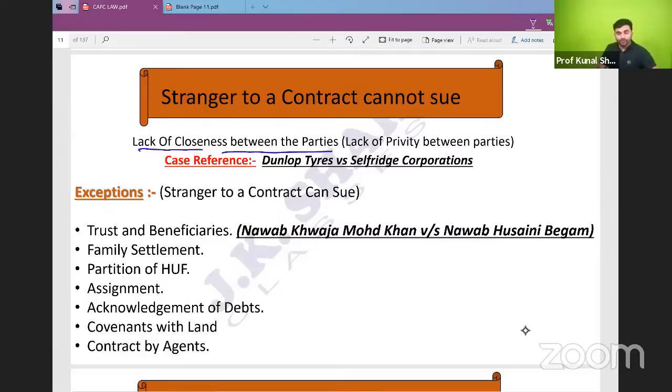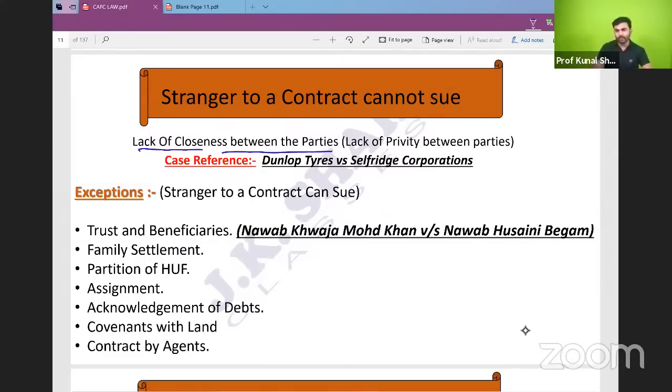Not possible. First of all, there was no contract between Mrs. X and Mr. Y. See, Mr. X and Mrs. X are close to each other, but there is no contractual relationship between Mrs. X and Mr. Y. So because of the lack of privity between the parties, sorry to say, Mrs. X, you cannot file a case against Mr. Y.